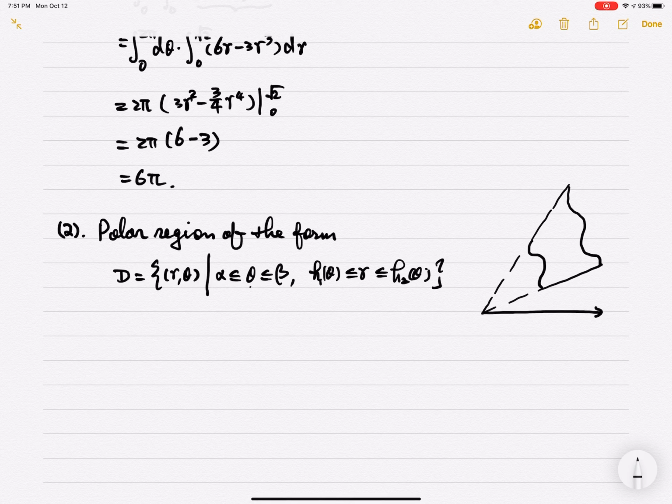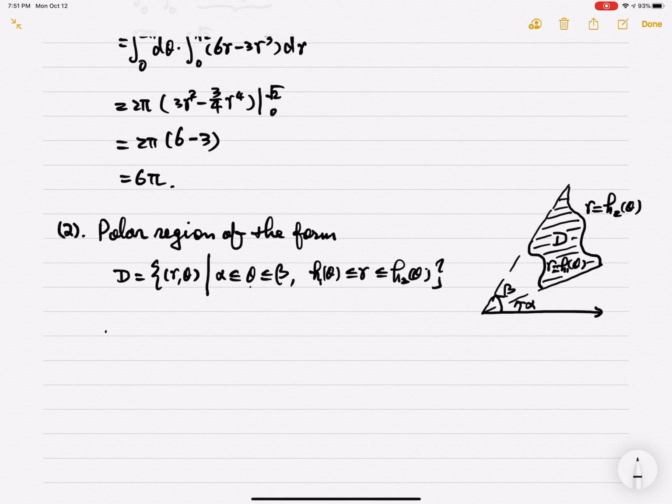This is D, and here is alpha, and here is beta. We say this curve is r equal to h2(theta), and this curve is r equal to h1(theta). So the region is like this type of region.